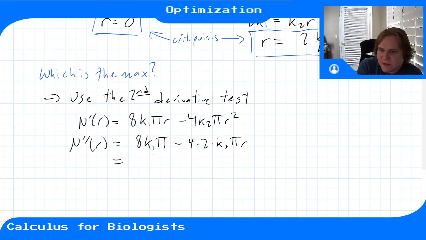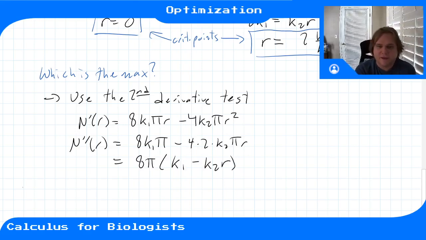So that gives us, let's factor out 8 pi, 8 pi times k1 minus k2 r. Okay, so the second derivative at 0 is going to be 8 pi times k1.